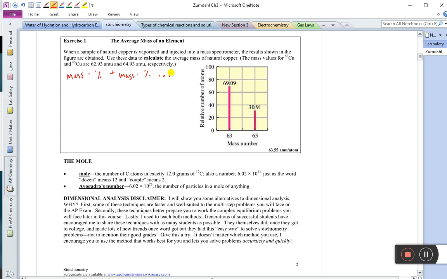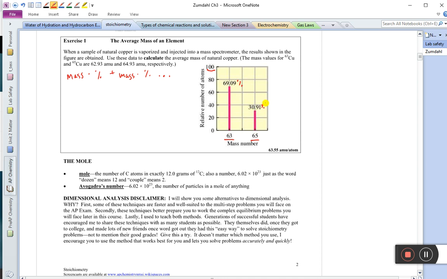In this case, we're looking at a sample of copper run through a mass spectrometer. It's got 2 masses we can work with, which are 63 and 65. This is one of those relative number of atoms questions, but since it's out of 100, these are percentages. Also remember, we don't want to leave our percentages as percentages.